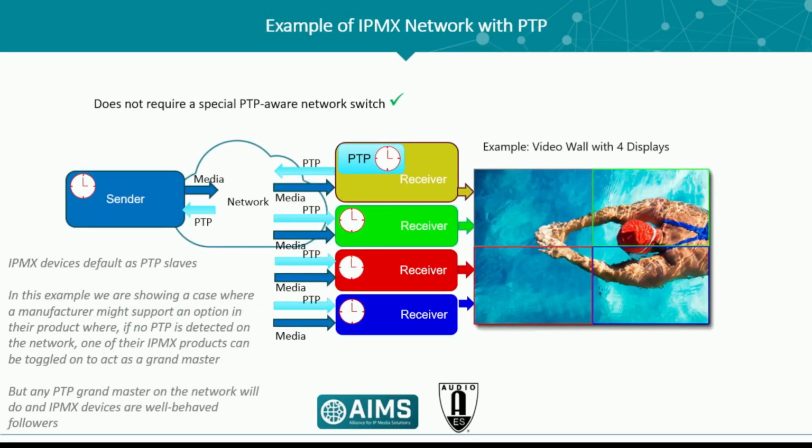Now, let's look at another way to build a synchronized network, but a completely different methodology. In this case here, instead of building a synchronized network the 2110 way, we use ingredients in the IPMX technical specifications. The senders and the receivers and the NMOS controller allow PTP information to be coordinated between all of the senders and all of the receivers, whether the senders are converters from baseband to IP or native senders that are IPMX native senders.